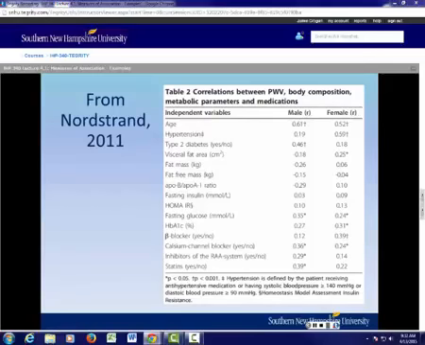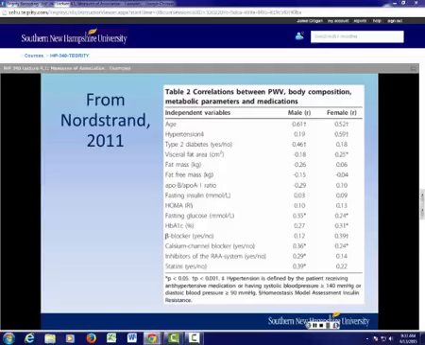And so for the males, age is being correlated with what? And it took me a minute to figure out what is being correlated with. And I finally figured out that it must be PWV. Look at the title, correlations between PWV, body composition, metabolic parameters, etc. But if you look in the list, PWV is not there.